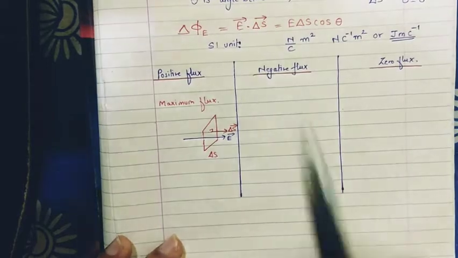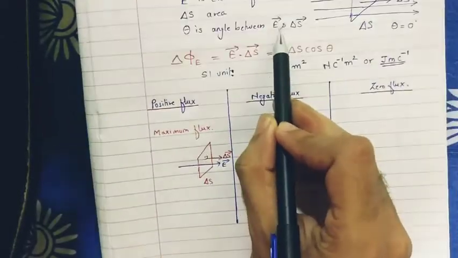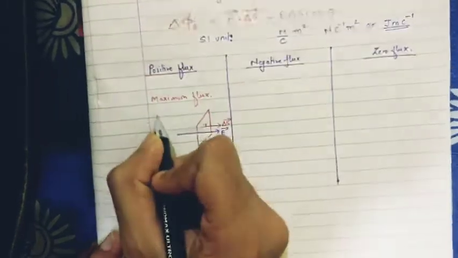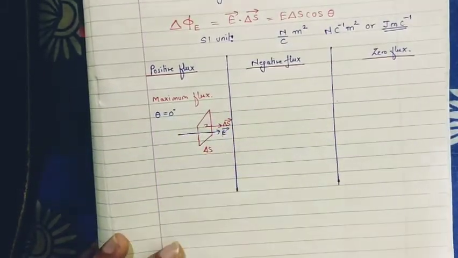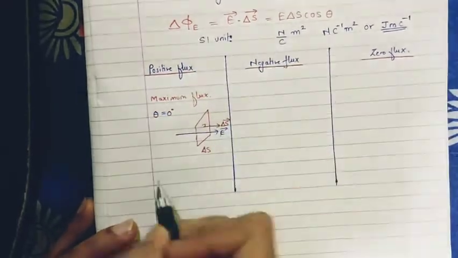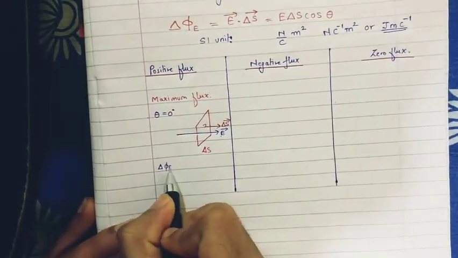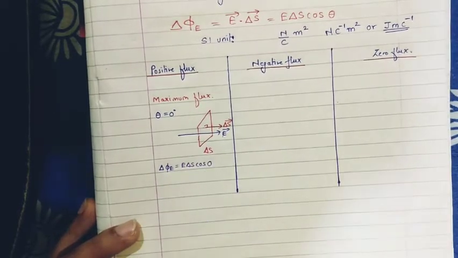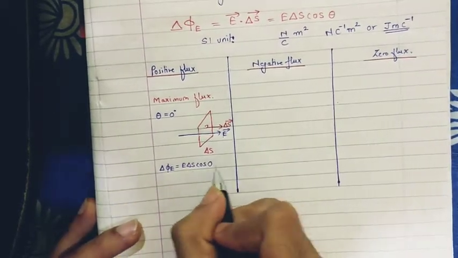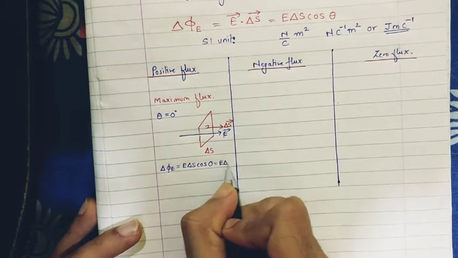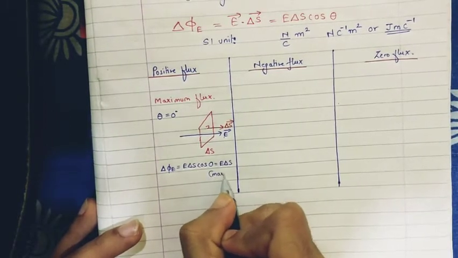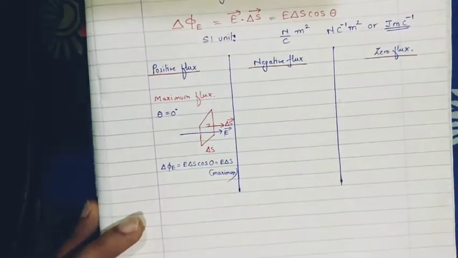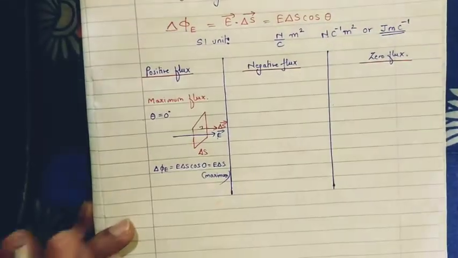Theta is the angle between E and delta S, so theta in this case is going to be 0 degrees. Let's put it in the formula. Electric flux is going to be E delta S cos 0, and cos 0 is nothing but 1. So it is going to be E delta S, which is the maximum value of the flux, and it is going to be a positive flux. This is the first point.